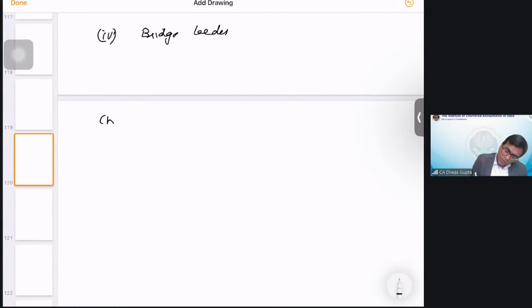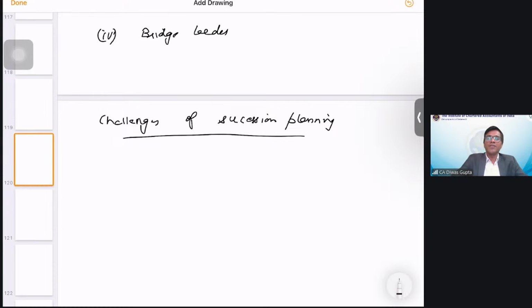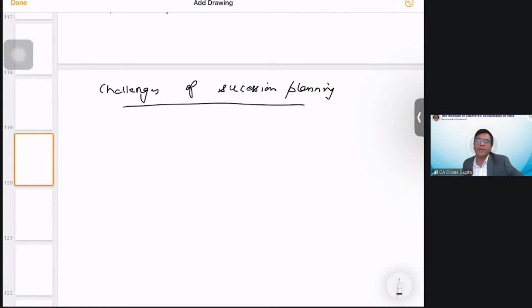Then let's also talk about some of the challenges of succession planning. In terms of challenges of succession planning, there is always a founder mindset. If we talk about startups, right?